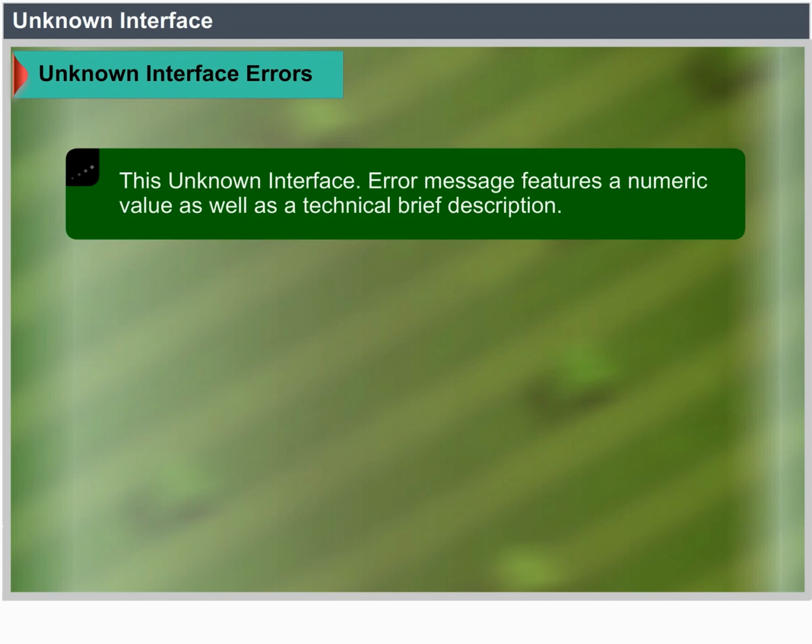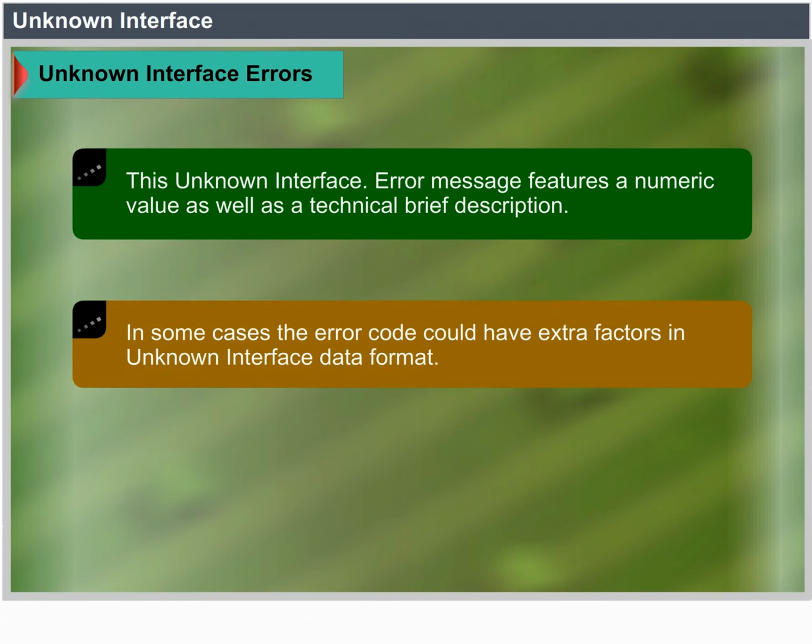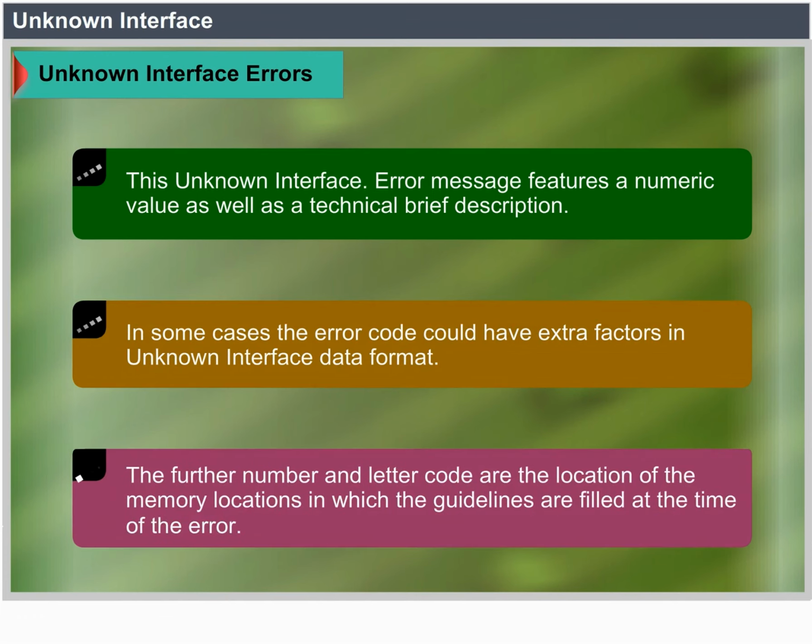The unknown interface.error message features a numeric value as well as a brief technical description. In some cases, the error code could have extra factors in unknown interface.data format. The further number and letter code will be the location of the memory locations in which the guidelines are filled at the time of the error.